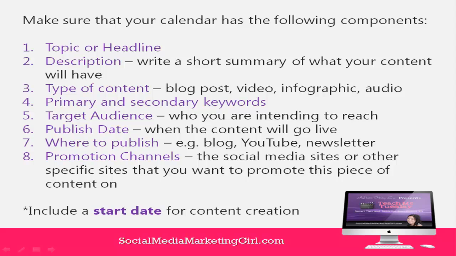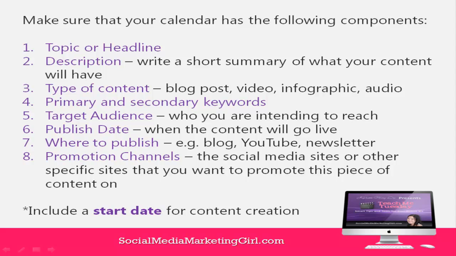What I do for my own content calendar is that after I write the headline, I write something about what the post will contain. Let's say I will enumerate 5 must-have Android apps, and I can list the Android apps that I will include in the blog post. Just write a short summary so you can remember what that post will contain.